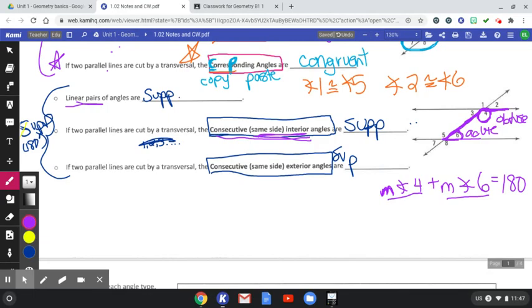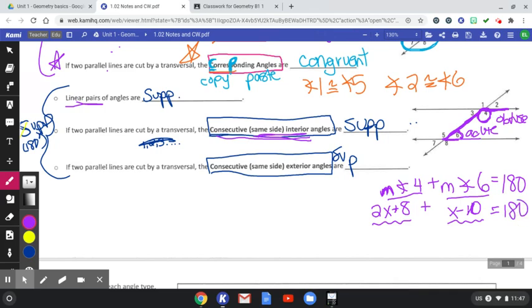So if angle 4 was represented by an expression, let's say like 2x plus 8, and then measure of angle 6 was like x minus 10, again, I'm making those up. What we would do with those two expressions is we take the measure of angle 4 and add it to the measure of angle 6 to equal out to 180.